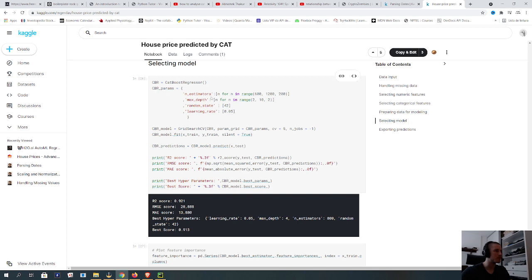So he creates these parameters here, and estimators, max depth, random state, learning rate. Learning rate is arbitrary, I guess. Random state is probably arbitrary as well. I haven't studied this method yet, but max depth is probably arbitrary as well.